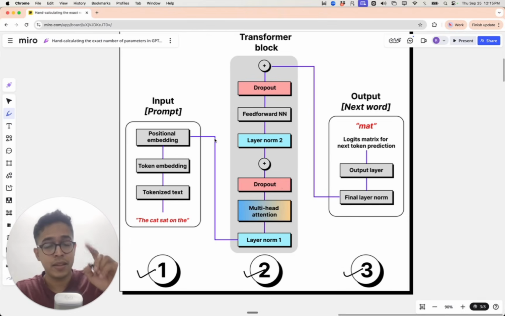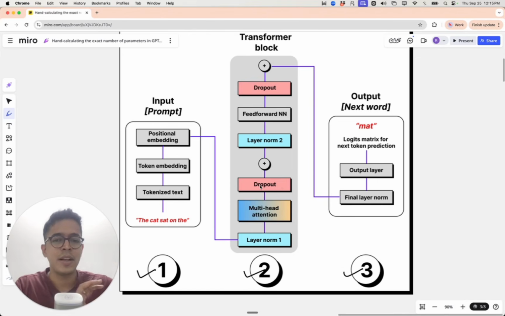That is one place where you will hear the number 96. Another place where you will hear the number 96 is in the number of heads inside this multi-head attention, which is 96 heads in parallel. These are 2 different numbers, so please don't confuse them.